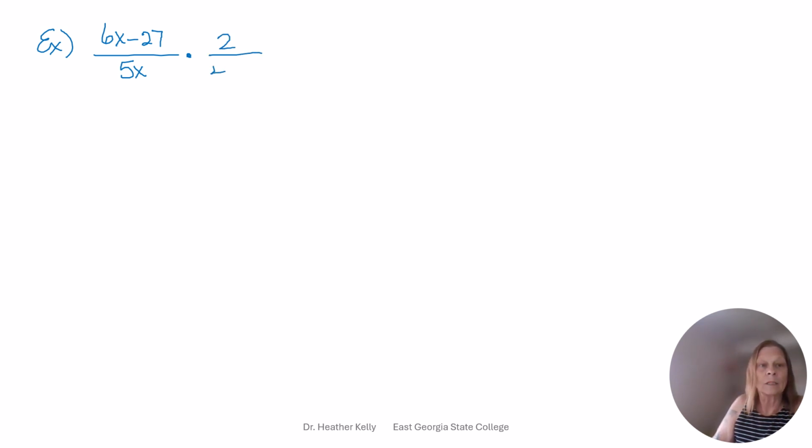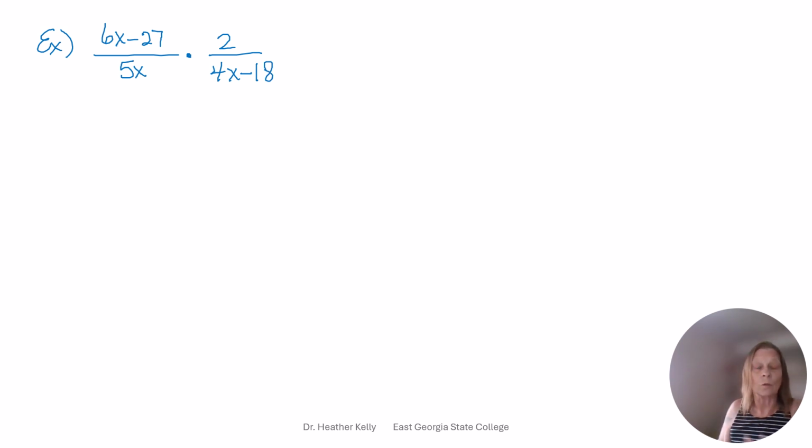Okay, let's keep on going. Our next example is 6x minus 27 over 5x times 2 over 4x minus 18. Now, same rule applies here.